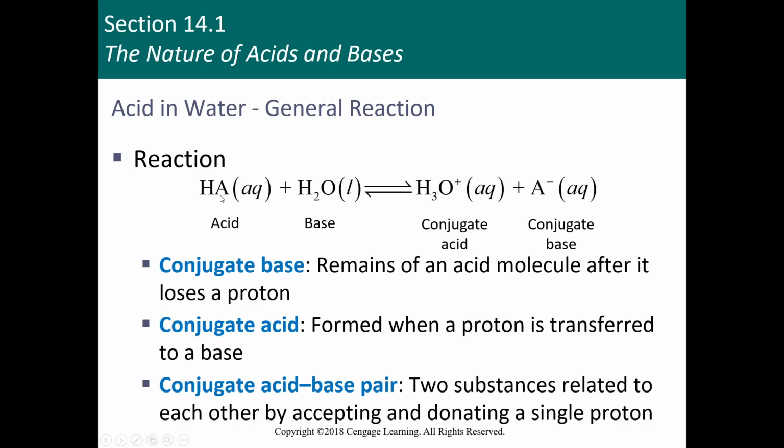And so the conjugate base is denoted by this A symbol right here. That's going to be the part that's left behind with a negative charge. The H plus will be donated, that being the Bronsted-Lowry definition of an acid, isn't it? And so this H plus gets donated to water, leaving you with the conjugate acid right here, which is the hydronium ion.